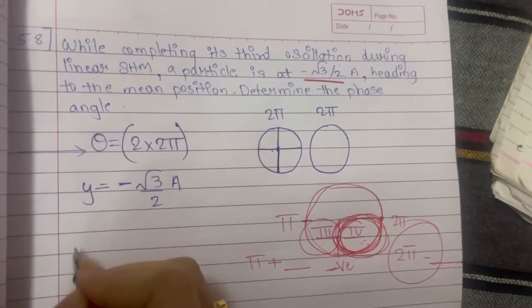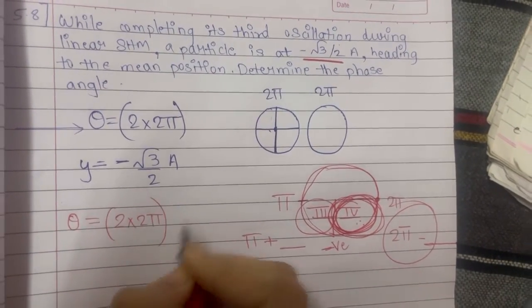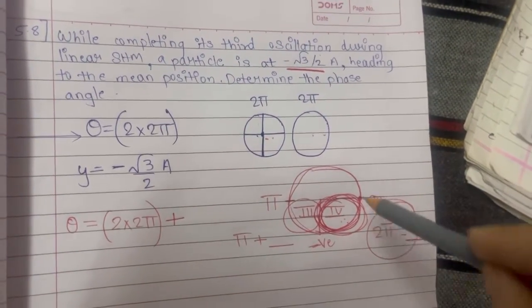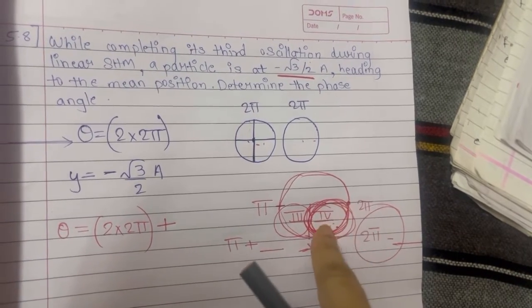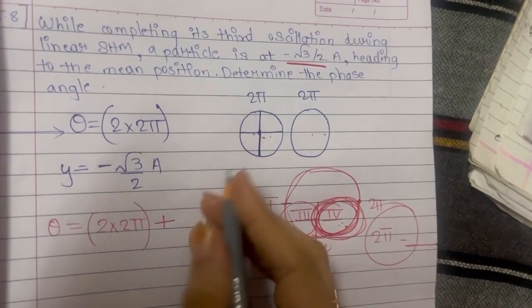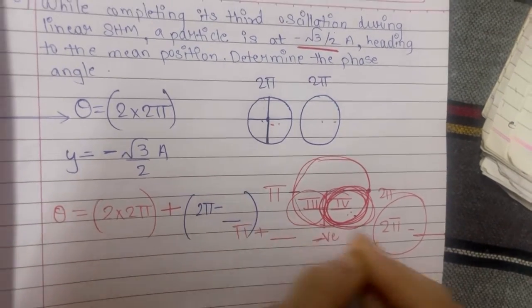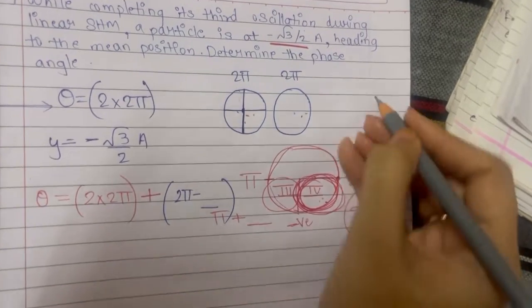That is theta, which is 2 into 2 pi, that is two circles are complete, plus, now talking about this circle in which we are specifying the phase of the particle, that is 2 pi minus something, meaning it has completed two circles.